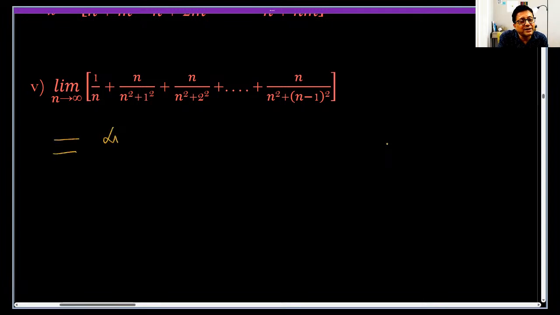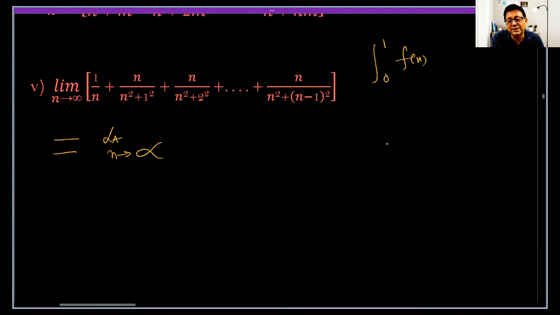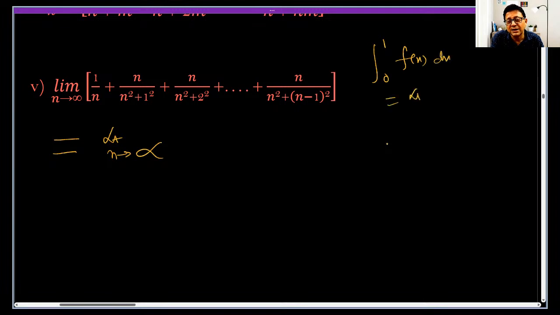I need a 1 by n outside. You agree or not? The formula is there, no? 0 to 1 f(x) dx is limit n tending to infinity, sigma r equal to 1 to n. You replace r by n by x.